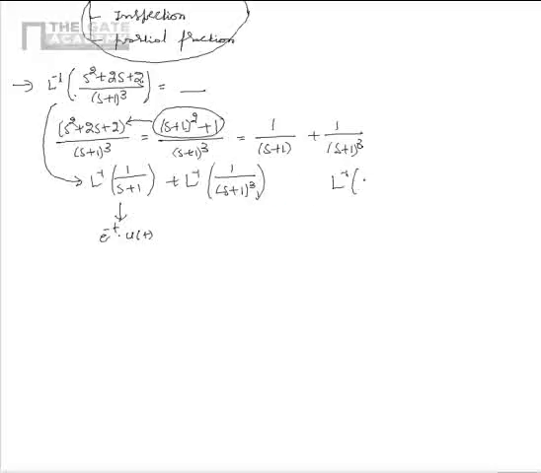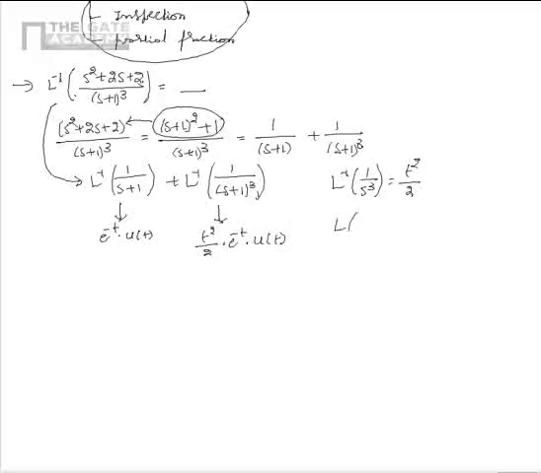Also we know that L inverse of 1 by s cube is equal to t square by 2. From this, L inverse of 1 by (s plus 1) whole cube can be written as t square by 2 multiplied by e power minus t multiplied by u of t.